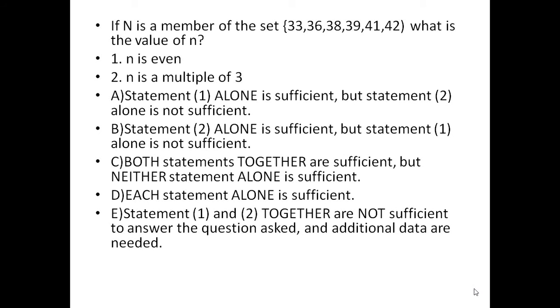Okay, the next problem we are going to deal with is this one. It's a simple one. What you need to take care of while dealing with such questions is that the steps should be pretty clear and you should be able to sort it out.